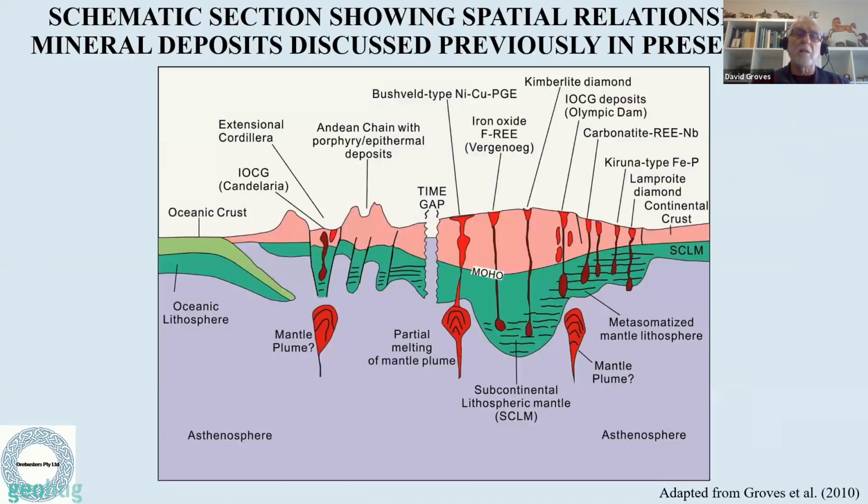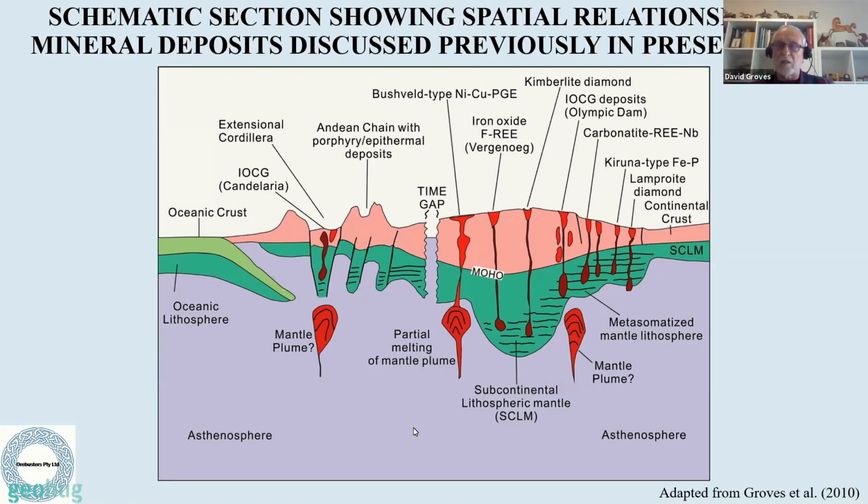positions. I've just shown a schematic section there that shows the schematic relationship of mineral deposits. So, for example, on the Craton, we're seeing Bushveld-type nickel, copper, PGE, iron oxide, rare earth deposits like Vergenoeg, and kimberlites and diamonds.